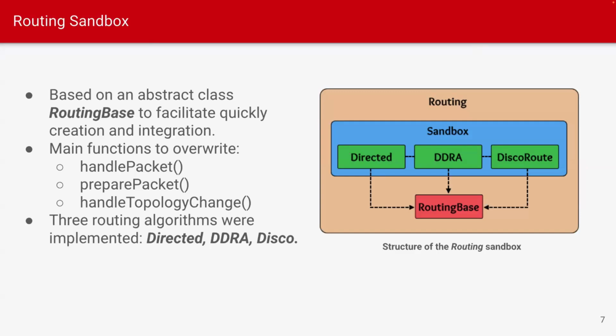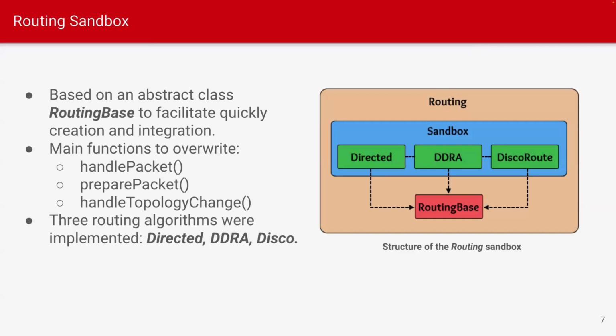Of course, there are several functions that can be overridden to implement the desired behavior of the routing algorithm. Using this sandbox, we were able to implement three routing algorithms: the directed routing, DDRA, and DiscoRoute. This last one is a routing algorithm focused on mega constellations like Starlink.